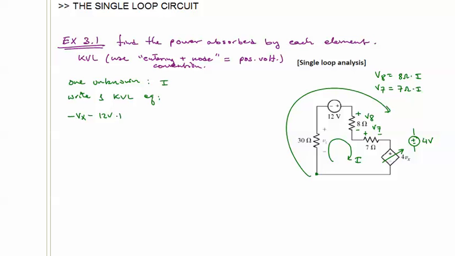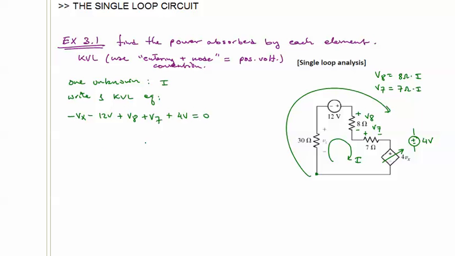So we'll put plus V8 plus V7 plus 4 volts. Eventually, when you become comfortable with this, you'll skip some of these intermediate steps, but we're going to take them one step at a time and be explicit about this.